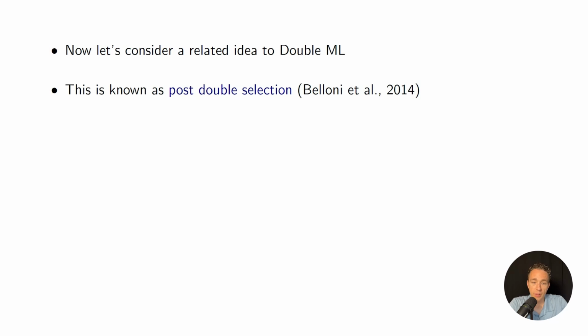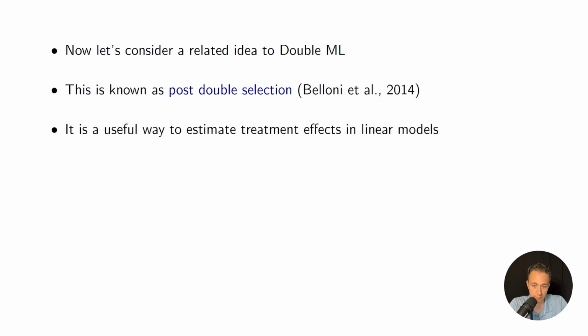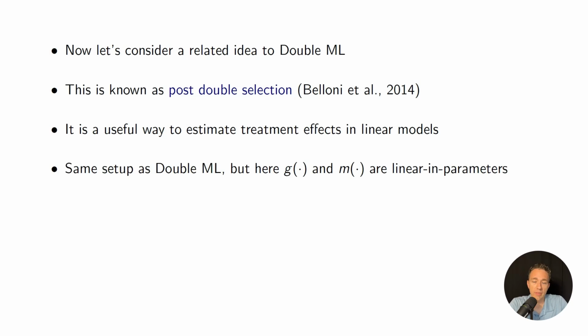And in particular, we're going to think about something called post-double selection, which is going to be a useful way to estimate treatment effects in linear models. We have a very similar setup as in the double debiased machine learning, except our semi-parametric functions are actually going to be approximated by a linear in parameters specification.